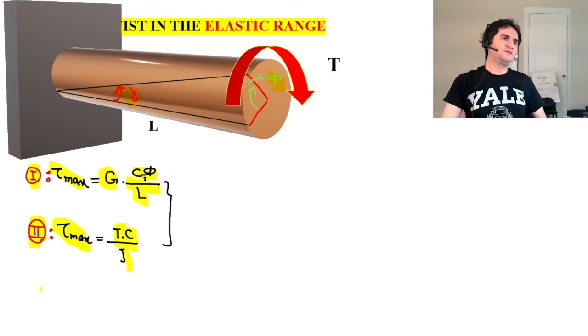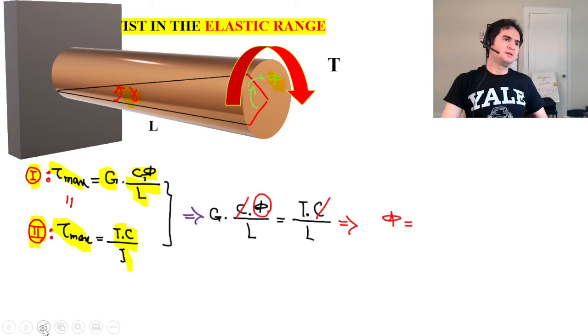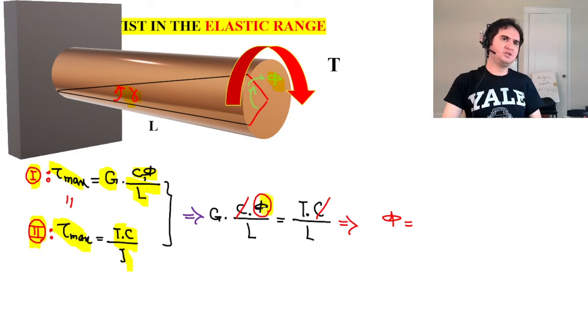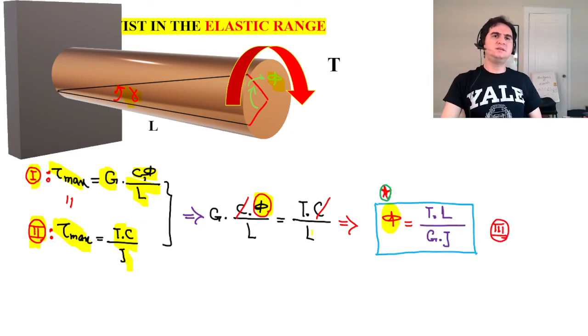Since both are tau maximum, they are equal to each other. Cancel out c from both equations and rewrite based on phi, and it gives us phi is TL over GJ.